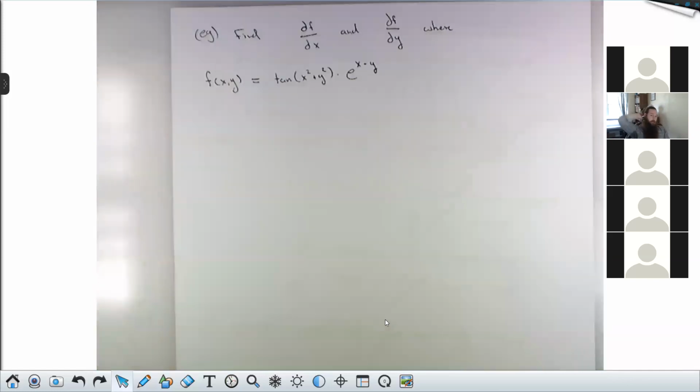All right, let's make life a little harder on ourselves. Here my function f is the tangent of x squared plus y squared times e raised to the power of x minus y. And again, I want to find df dx and df dy, the partial derivatives taken with respect to each of the two independent variables here. Let's do df dx first.